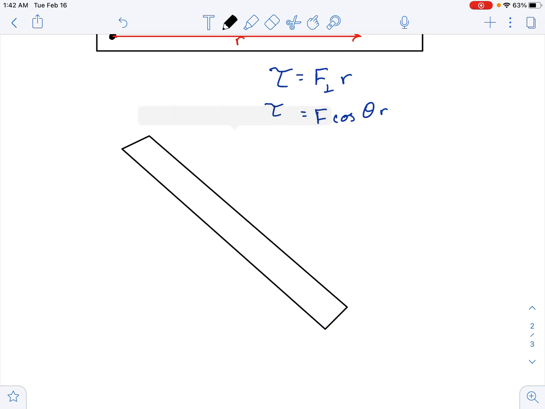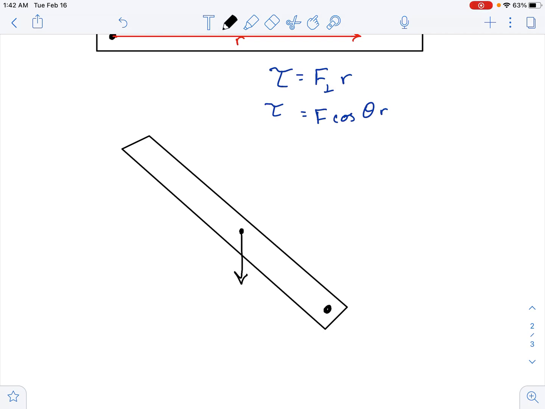Here is my pivot point, and I'm going to deal with its own mass. We'll get to this later, but its own mass being the force that's acting on it, right?